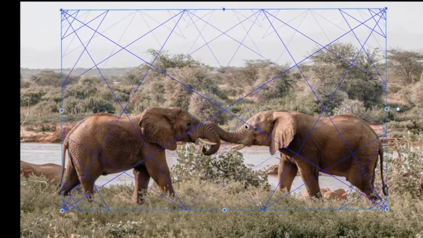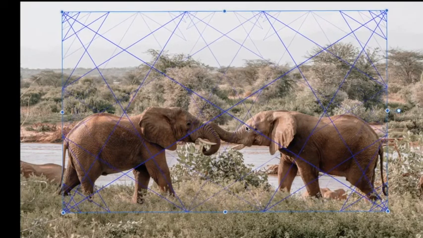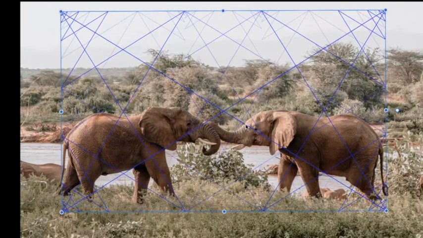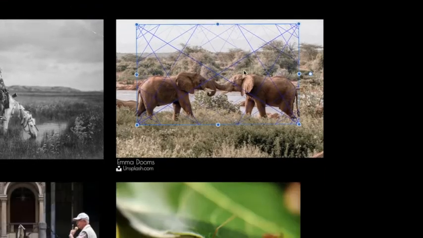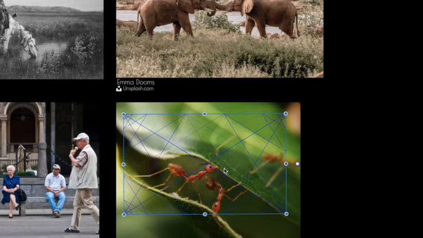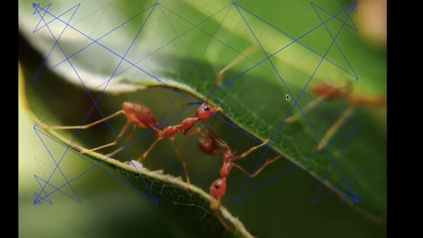If we go to the feet, which are there probably. Yeah. And the ants.